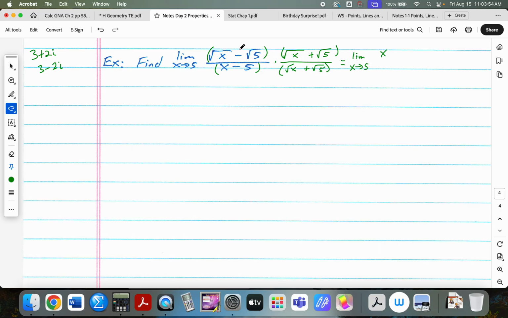And then I'm going to have square root of x times the square root of 5 is the square root of 5x, and I'm going to have a positive one of those. And then I'm going to have a negative one of those. Oh, that's nice. And then I'm going to have negative square root of 5 times positive square root of 5 is negative 5.